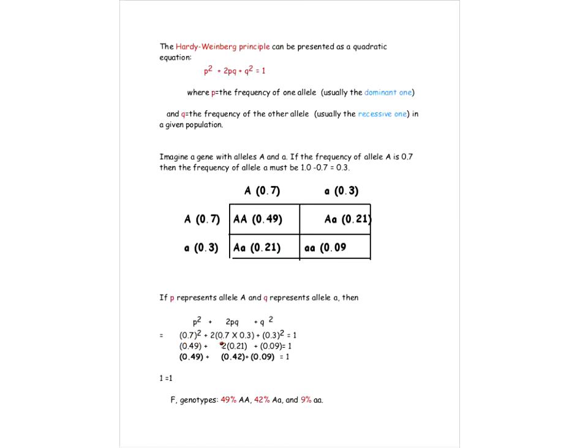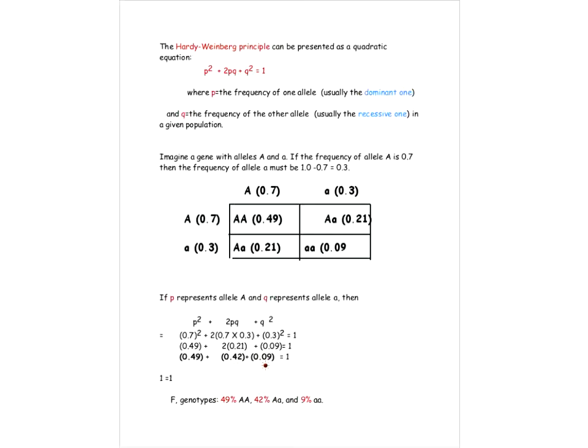So we make that 0.7 squared, and since it's 2 times p times q, p is 0.7, and we know q is 1 minus 0.7, so it's 0.3, and that's how we get this calculation. And then for q squared, it's 0.3 squared. So we do the math, and for p squared, we get 0.49. For 2pq, we get 0.42, and for q squared, we get 0.09.